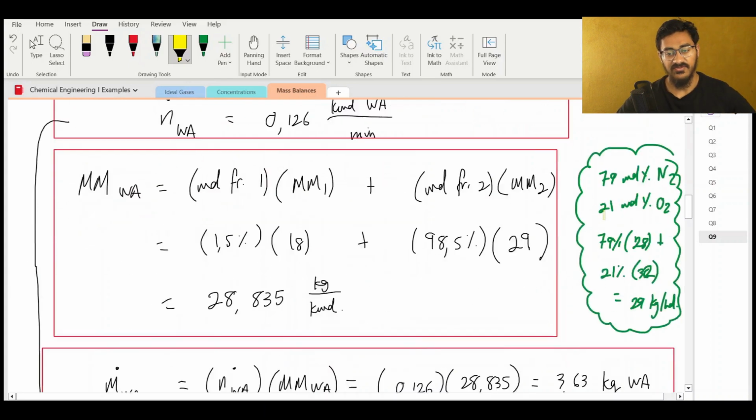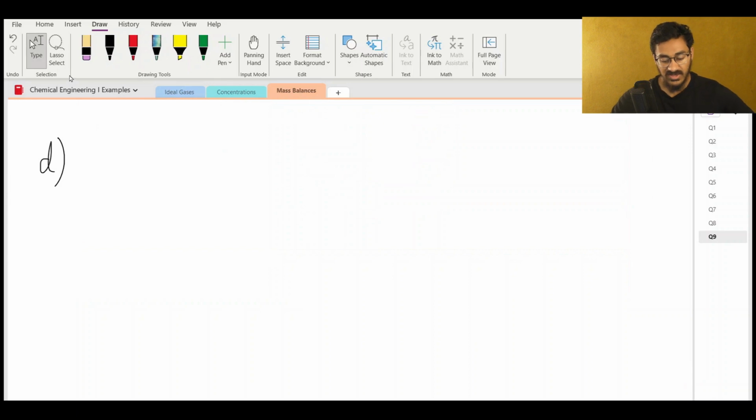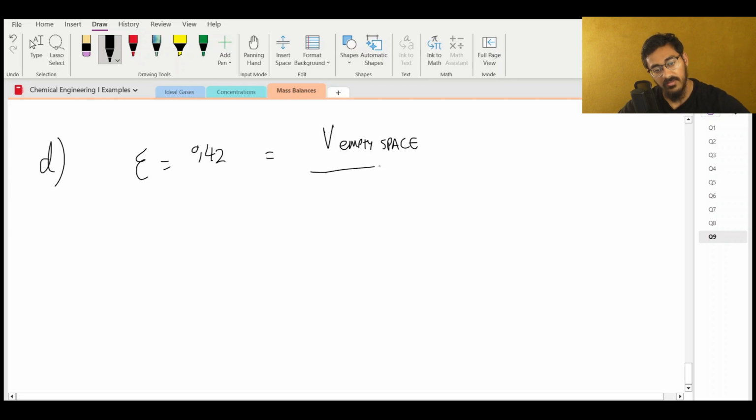Let's define porosity first. Then I'm going to need to draw a few pictures just to make sure that you understand it. Generally, when we deal with porosity, that's dealing with reactor catalysts, and you'll deal with more of that closer to your final year when you do reactor design. So epsilon equals 0.42. The porosity is defined as the volume of empty space divided by the total volume occupied.